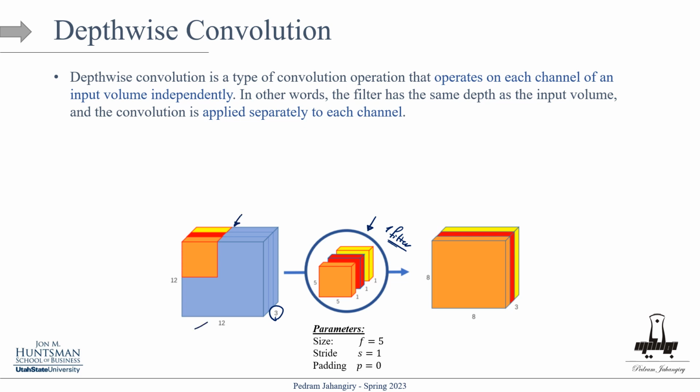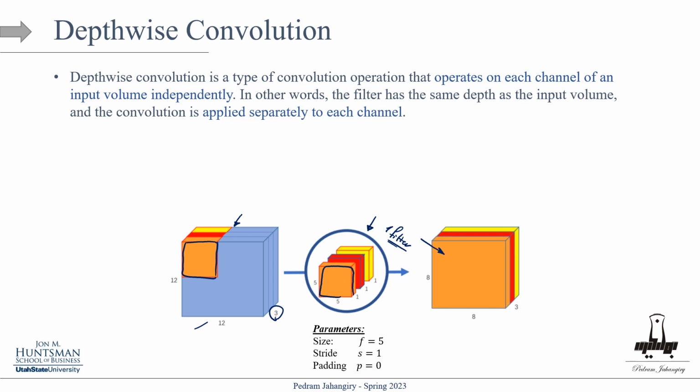So if you're in the middle of the network and your feature map has 10 layers, or let's say 10 features or filters or levels or depth, then your filter needs to have a depth of 10, right? So this means that we are going to apply each of these channels of the filter to each of the channels of the input image. So we're going to do a conv operation, pointwise multiplications, and then come up with an output.